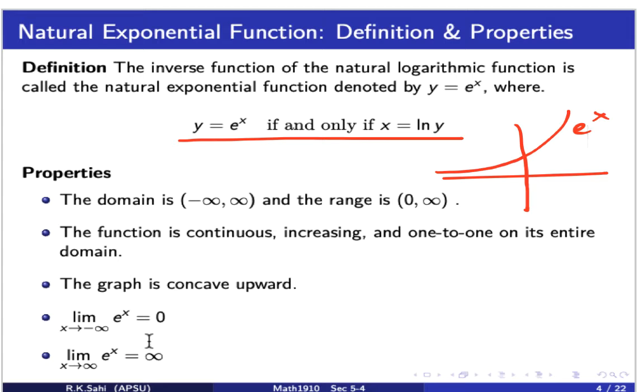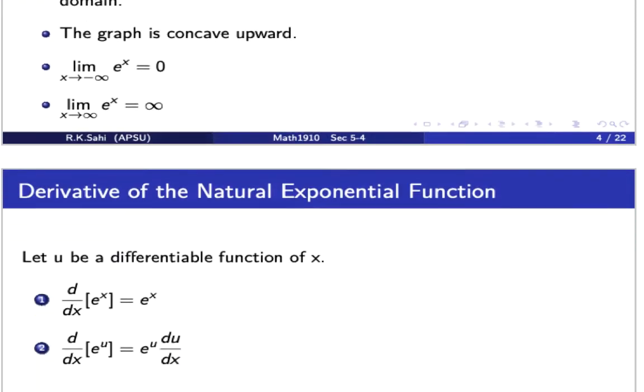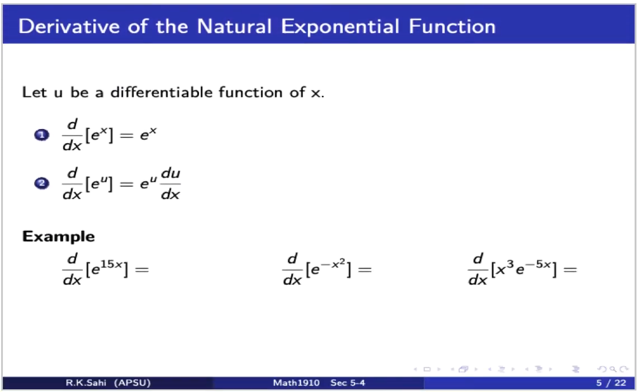The thing we're going to be learning in this section is how to find the derivatives of these exponential functions. And that's the simplest and easiest of all the derivatives we have learned so far. The derivative of the natural exponential function: the differential of e to the power x is e to the power x.